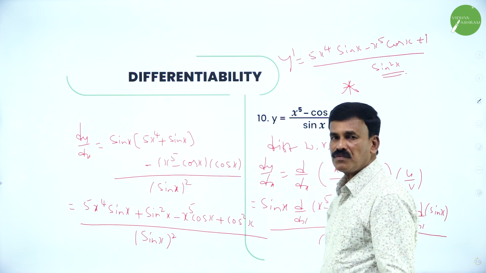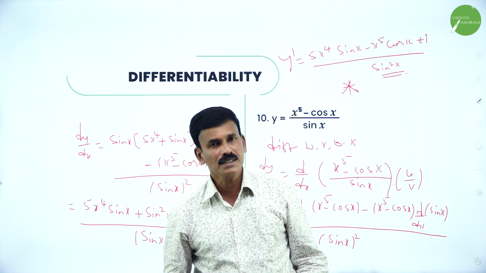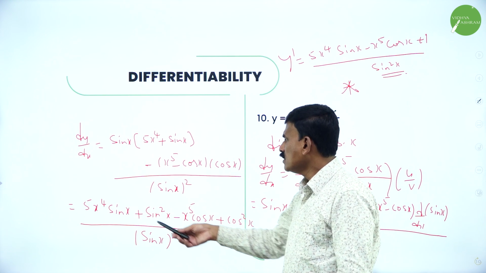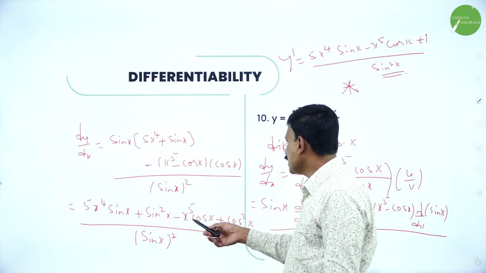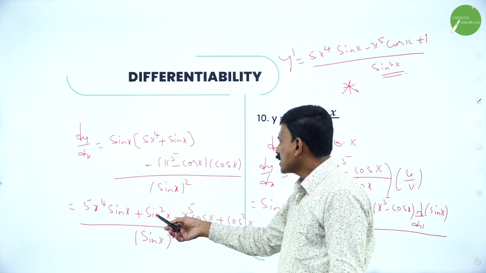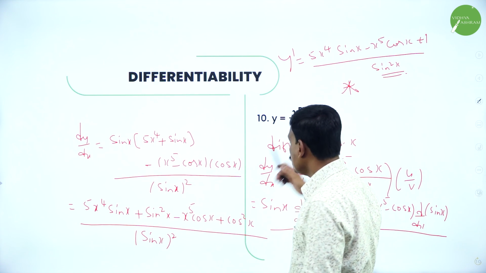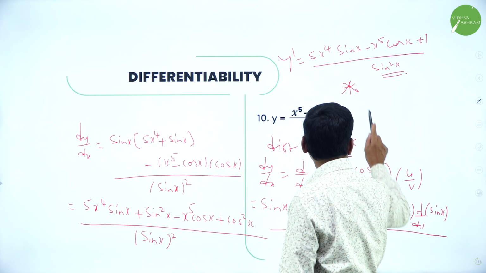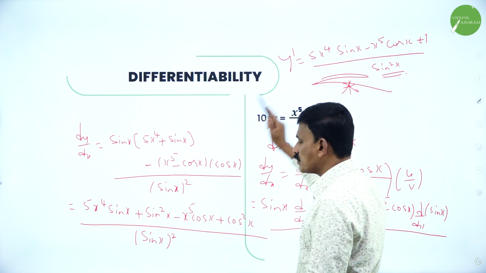This is the simplified answer for this problem. Okay, that's it. If you want, you can stop here itself, or write 5x raised to 4 sin x minus x raised to 5 cos x, plus sin square x plus cos square x which is 1, divided by sin x whole square or sin square x. That's it. This is how we are going to solve the problem.